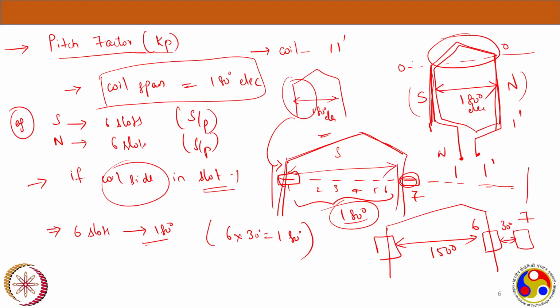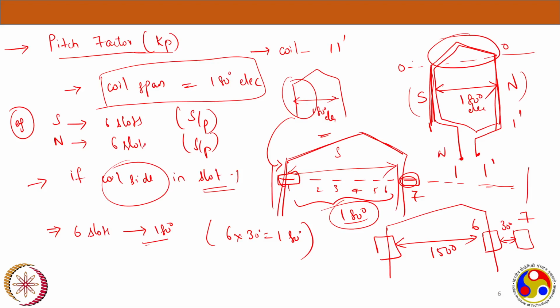If I place a coil such that the coil span is 150 degrees, then the voltage we get will be lesser than in the before case. Because, as we discussed before, if we place a complete coil with each side under different poles of opposite polarity and equal strength, then only we get the maximum voltage output. But with a coil span less than 180, here 150 degrees, the voltage we get will be less.